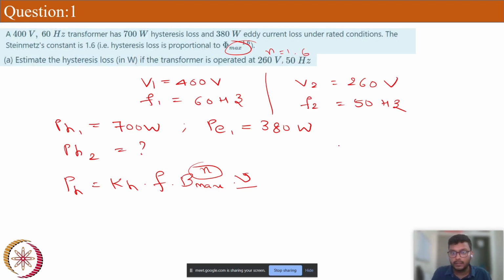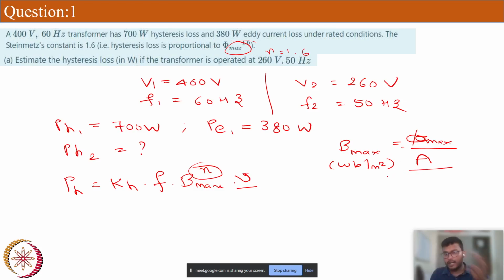Now we know that B max is phi max divided by area. B max is in Weber per meter square, and phi max is the maximum flux produced, divided by area. Since the area is constant, we are not changing the transformers, we can directly say B max is proportional to phi max.